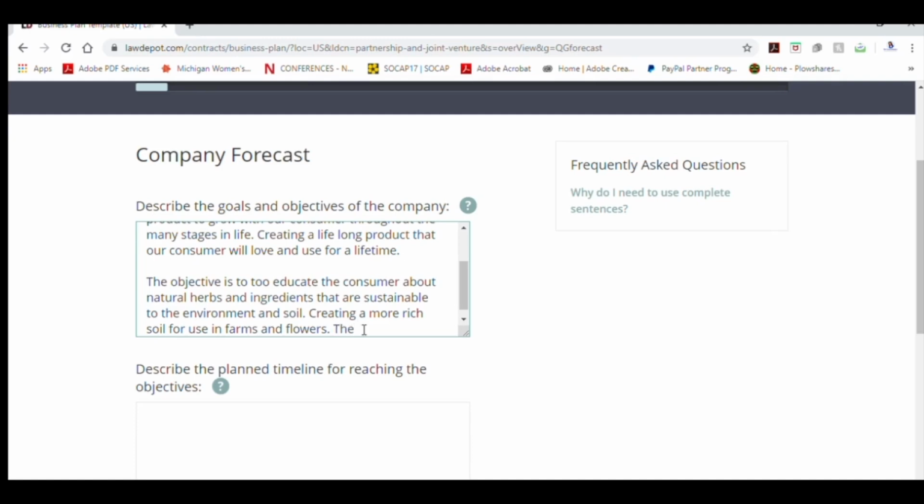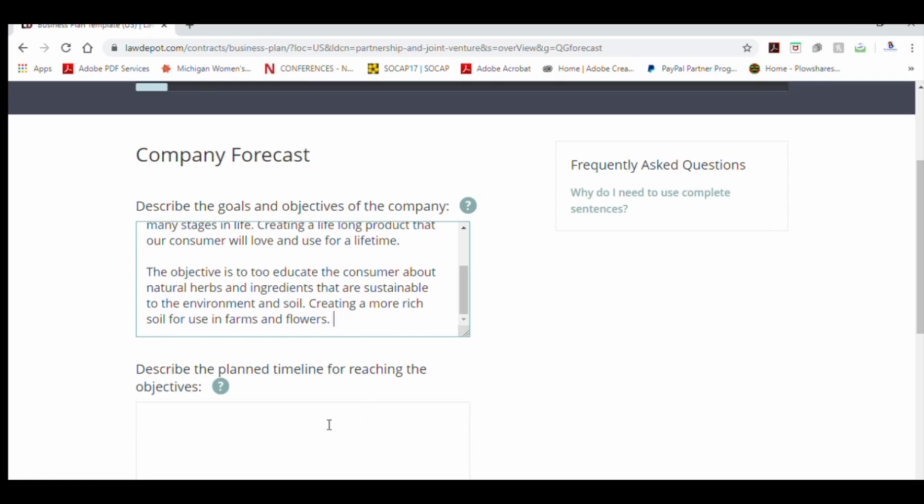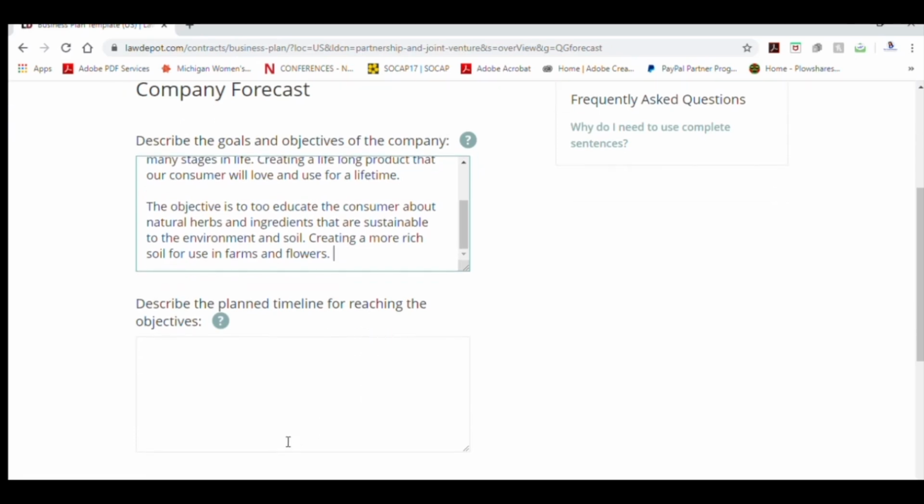That's enough, but you see where I can go with that. So that's the objective, to educate the consumer about these herbs and ingredients that create a very rich soil that's sustainable because it produces great things for the environment and the soil, to create a more rich soil for food growth.